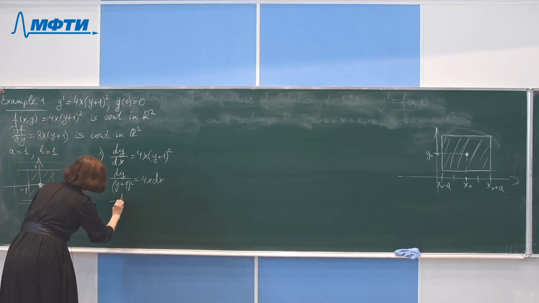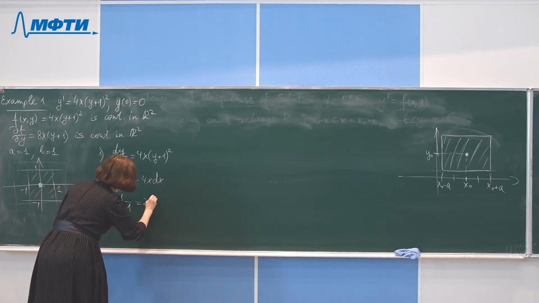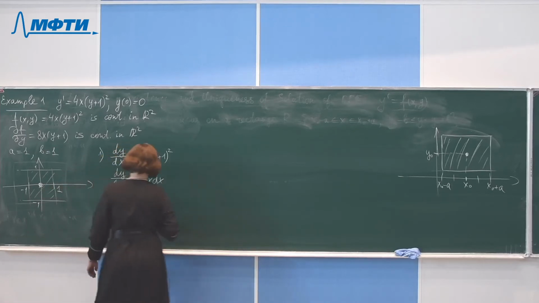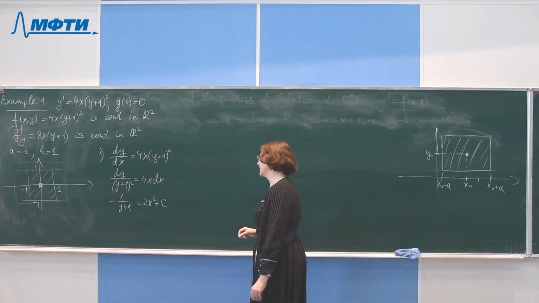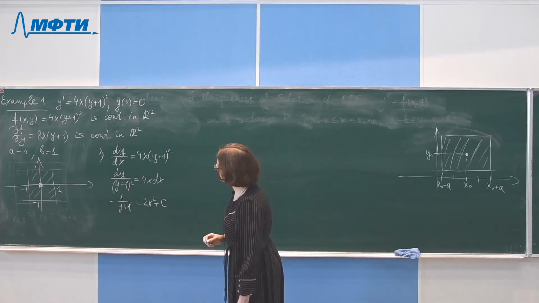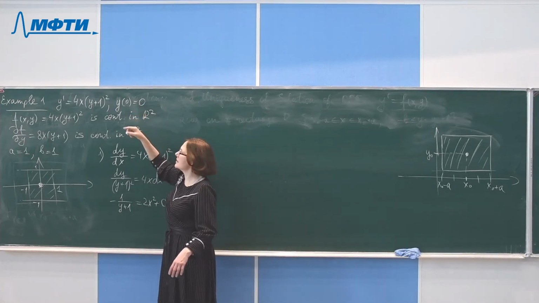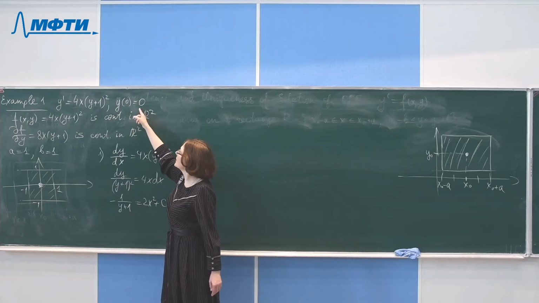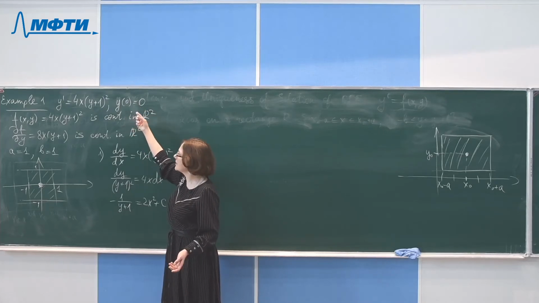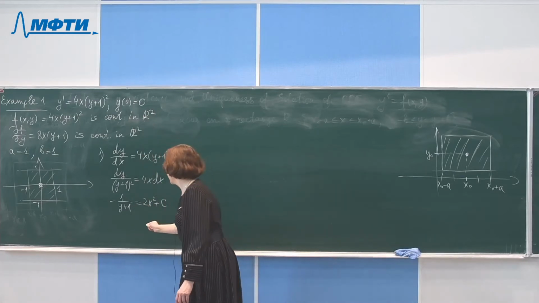Then we have minus 1 over (y plus 1) equals 2x squared plus c. And since we're solving the initial value problem, we seek the solution satisfying this condition.